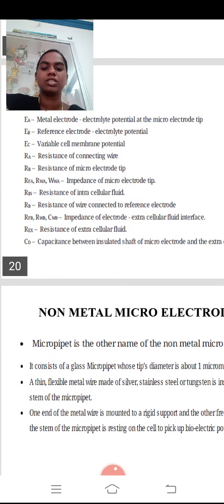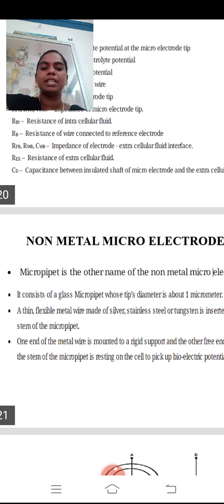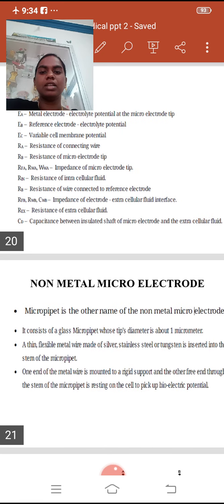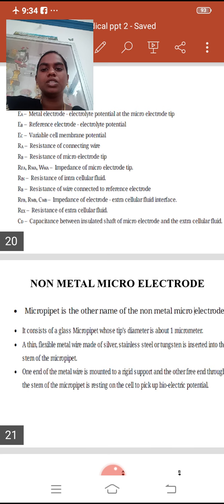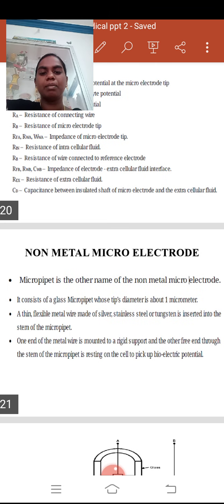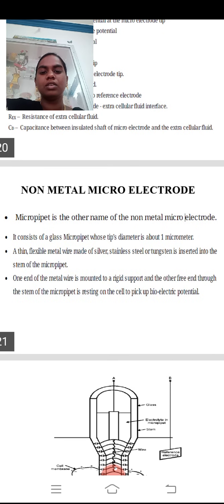Okay, next is the non-metal microelectrode. In the previous one, the metallic shaft was available for communication and also supporting the tip, but here is the non-metal microelectrode. It is also called a micropipette.